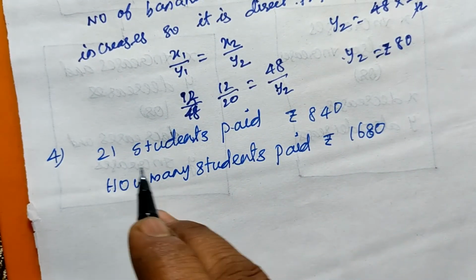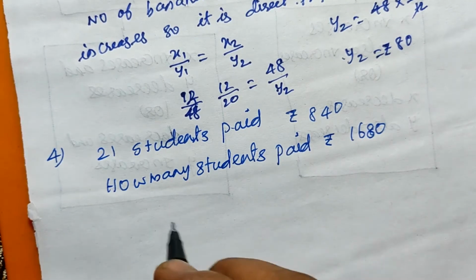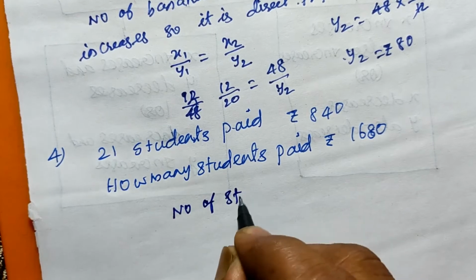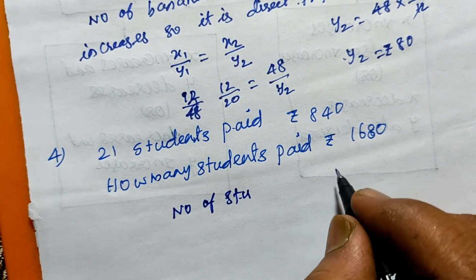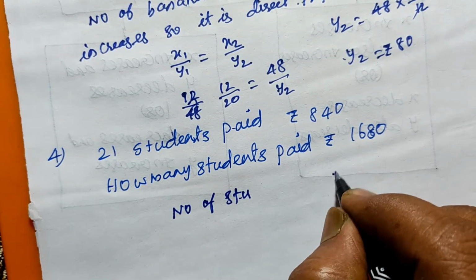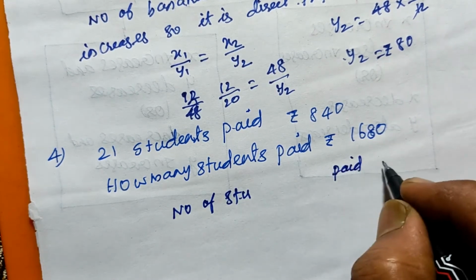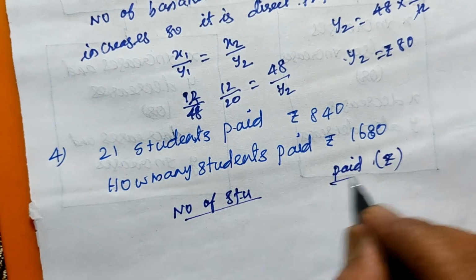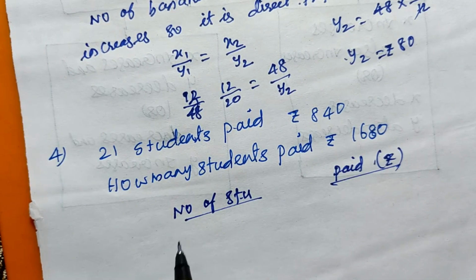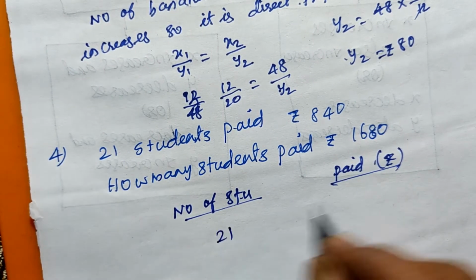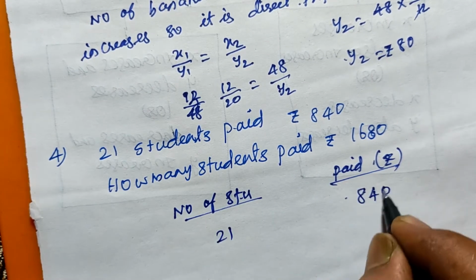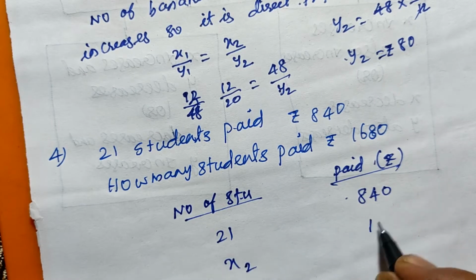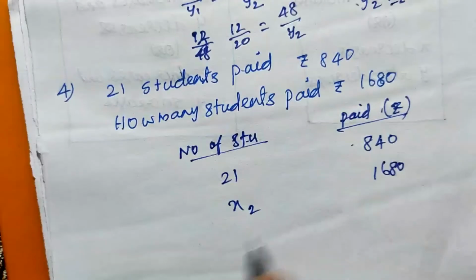Now the next. 21 students paid, number of students, and then paid, yes. So what is that? Number of students 21. How much paid? 840. Then x2 students paid 1680, right?